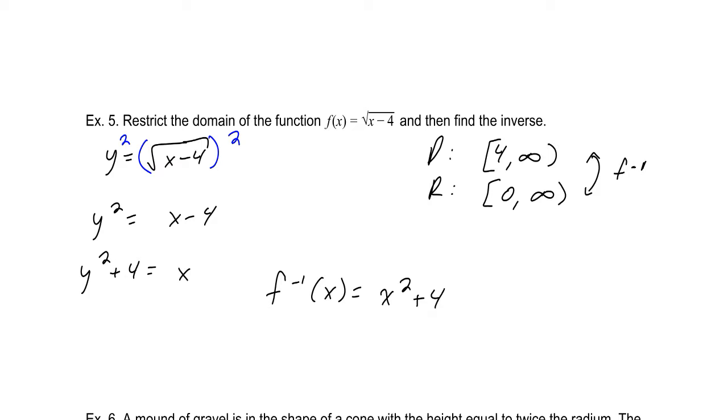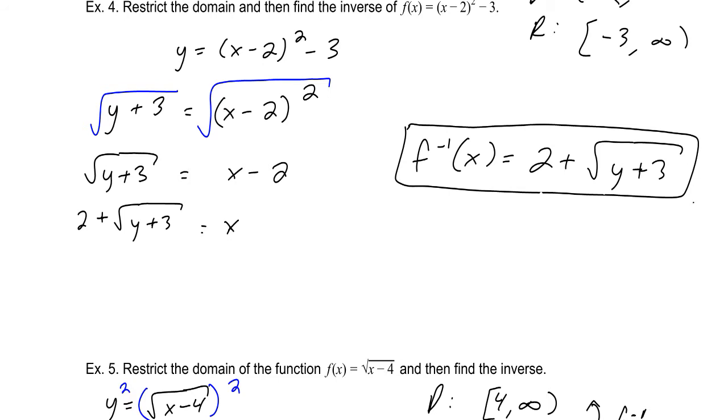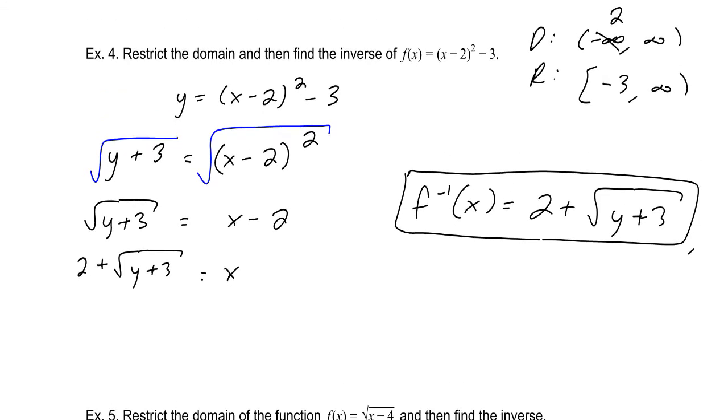The range of that function is greater than or equal to 4, and the domain is x greater than or equal to 0. In fact, let's go back to number 4 and mark that. This is true if my domain is x greater than or equal to 2.